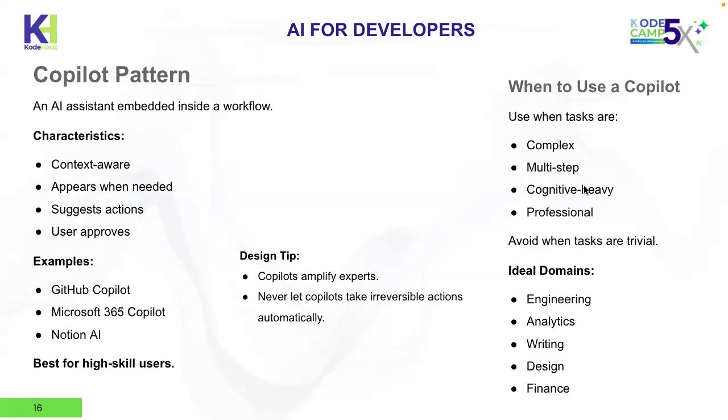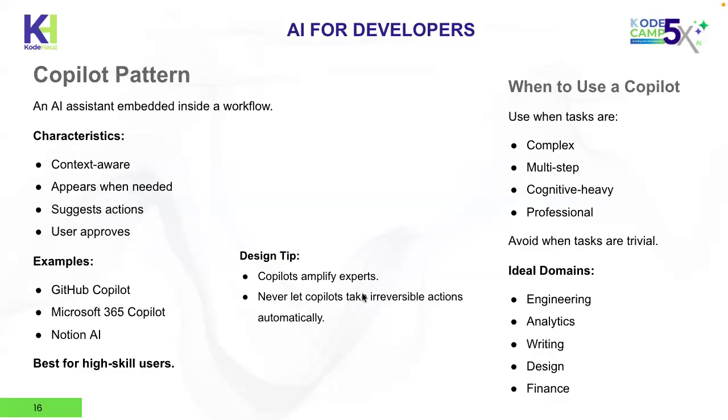By the way, you can actually have multiple of these patterns on the same product, right? It doesn't mean I can only have one, it just means that I invoke this pattern for this and that pattern for that. So the ideal domains for the Copilot pattern are engineering, analytics, writing, design, and finance. Of course, you see that it also exists in software development and so on.